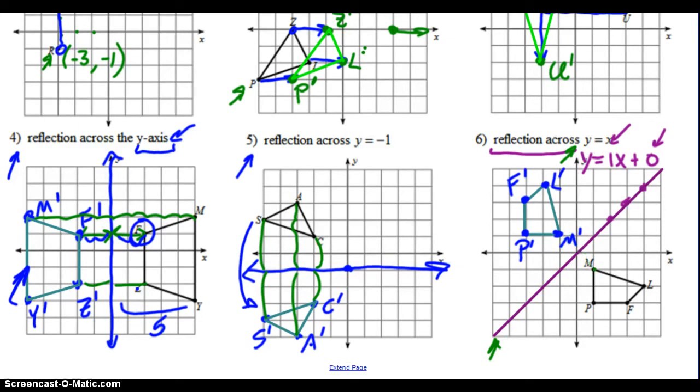One important thing to note though, we already said that the distance from the axis of symmetry to the image and to the pre-image has to be the same. You can see it's the same there and it's the same here. But what we didn't mention was that when we take that distance, it's got to be perpendicular to the axis of symmetry. So we can't say that this and this are the same.